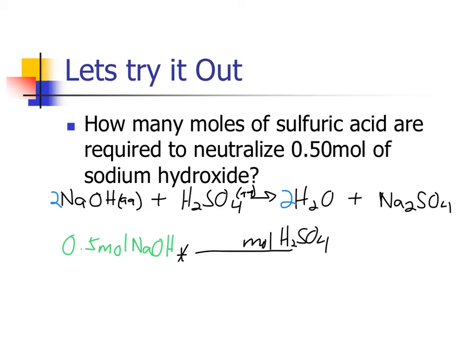Well, to eliminate the moles of sodium hydroxide, I would need to put the moles of sodium hydroxide on the bottom. Now, where do I get these mole-to-mole ratios? That's from the balanced chemical reaction. Just like in earlier units when we did the stoichiometric ratio, it's the same thing. The number in front of sulfuric acid, there isn't one, so that means there's a 1.